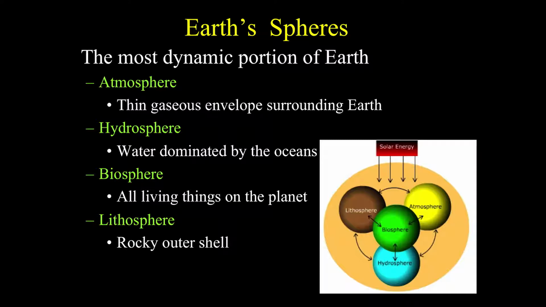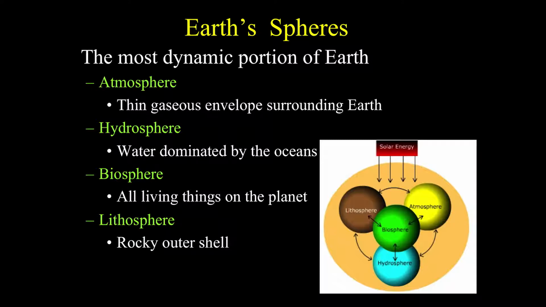The biosphere includes all living things on the planet. The lithosphere is the rocky outer shell of the Earth. All these spheres, the lithosphere, the hydrosphere, the atmosphere, and the biosphere, are linked through flows of mass, energy, and life. Their interactions have affected the development of our planet.